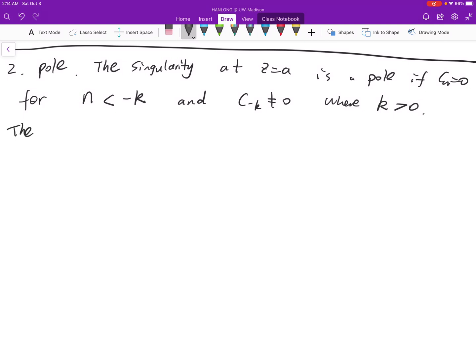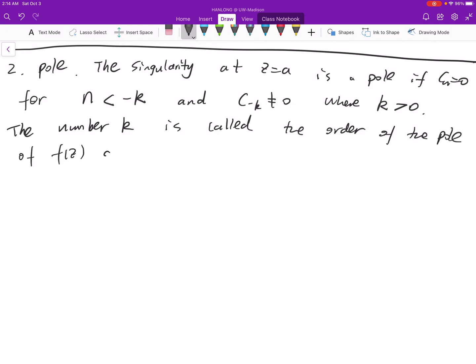And then the number k is called the order of the pole of f(z) at z equals a.